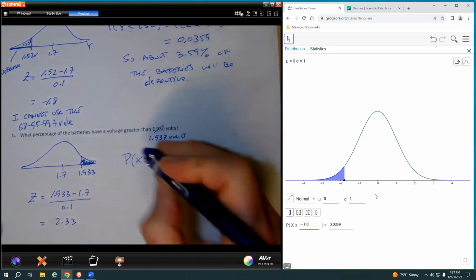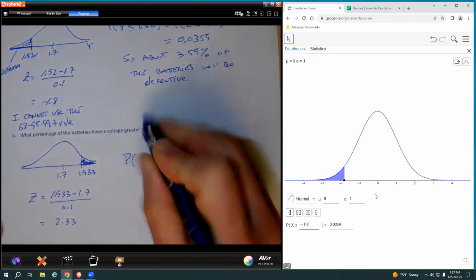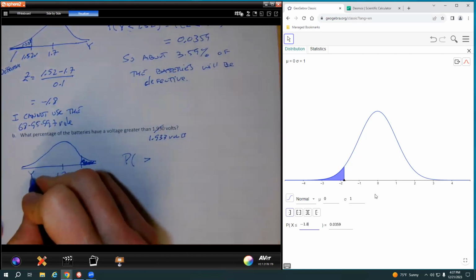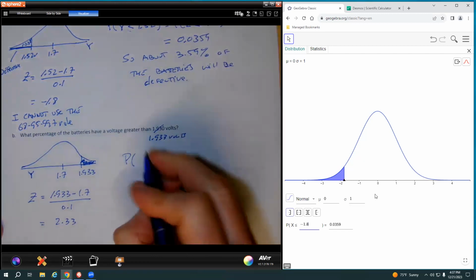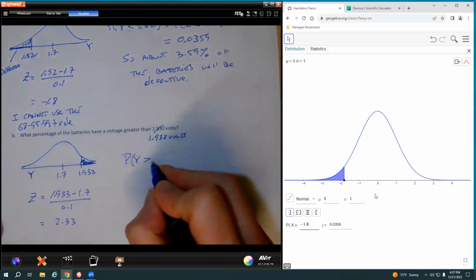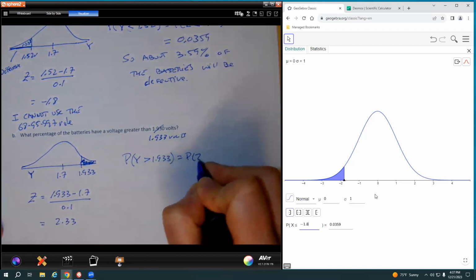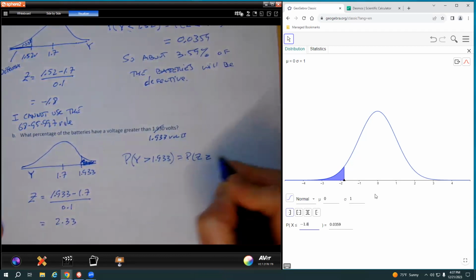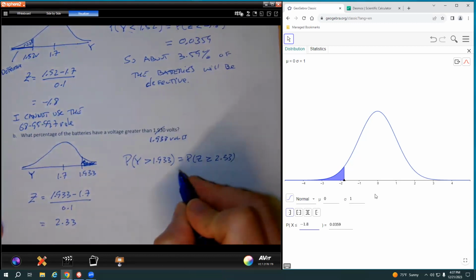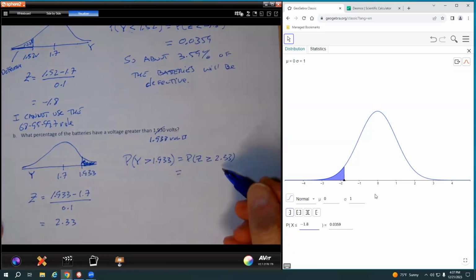So I call this y. And again, it's a good idea to mark the variable here, just to remind myself. So now here, 2.33, and I'm ready now to calculate. So again, at this point, all I'm going to use is a computer.